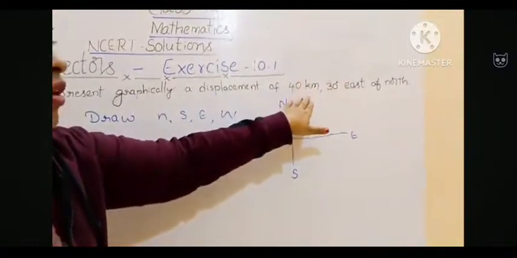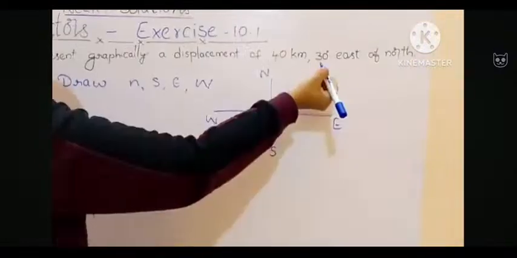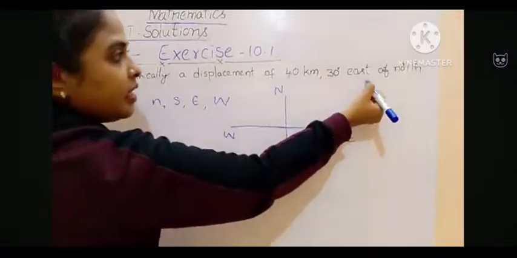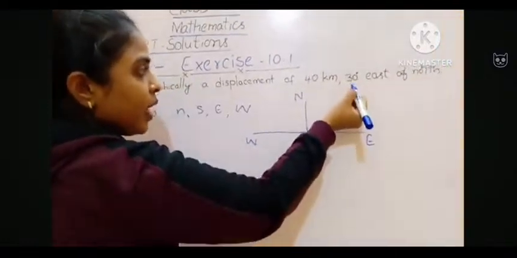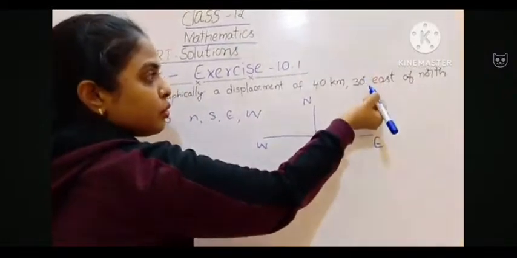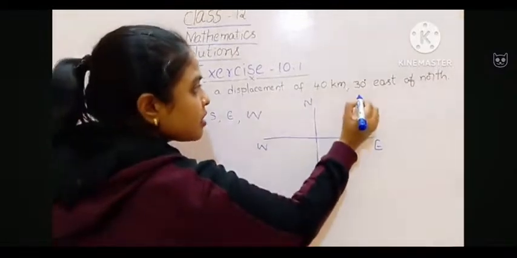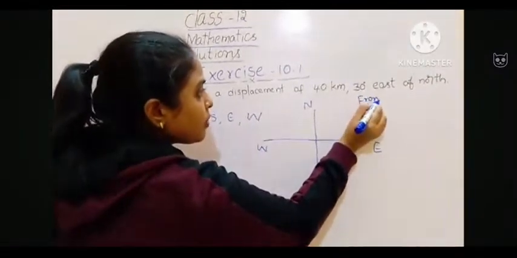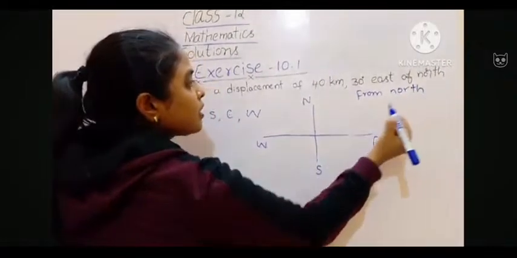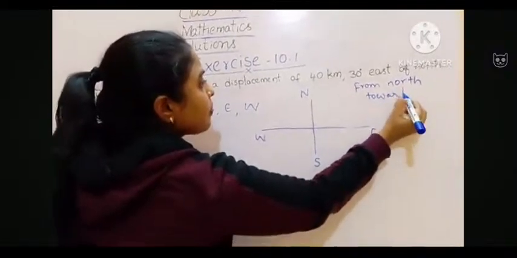What is the 40 kilometers? That kilometer is represented at 30 degrees east of north. So we need to identify 30 degrees from north towards east.